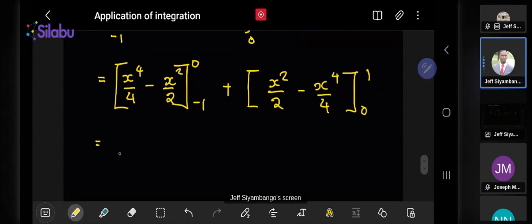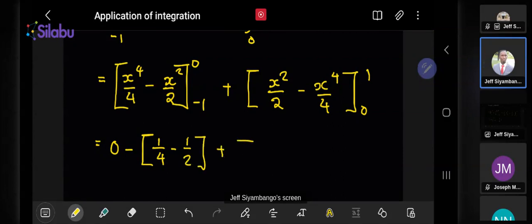So we get 0 minus, when x is minus 1. Because this is x to the 4, the minus 1 will die out, leaving us with only 1 over 4. Again, this is squared, so the minus will remain minus there, and the minus under the square dies out, giving 1 over 2.